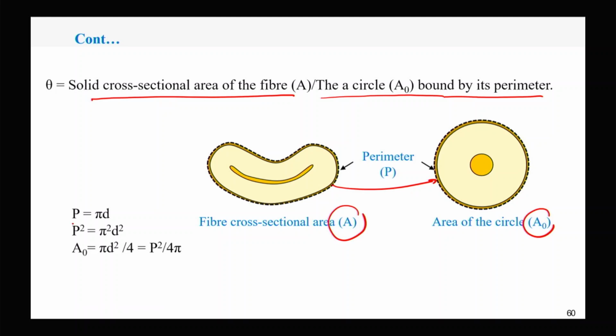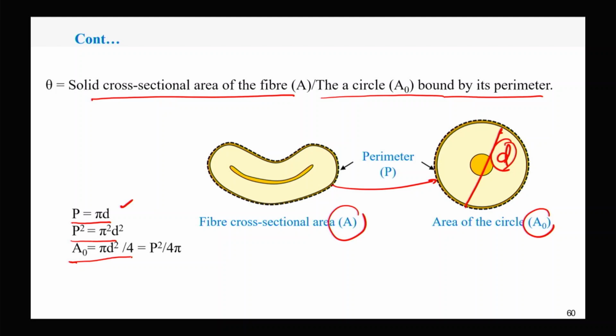Now, perimeter P equals pi d, where the square of perimeter is pi square d square. A0 is the area of the circle, where d is the diameter of the circle.